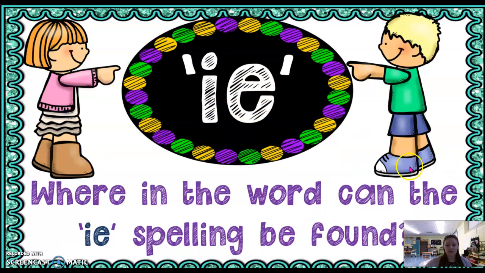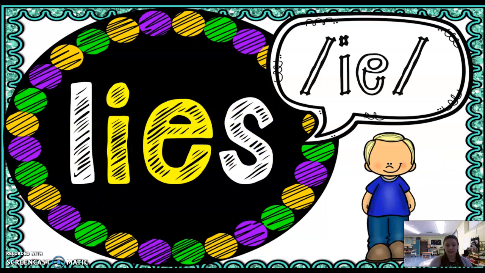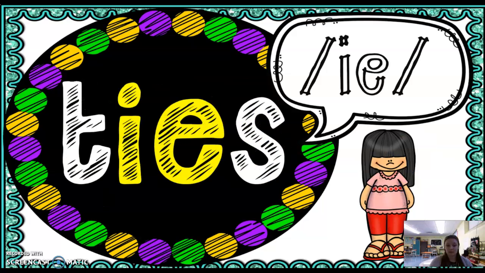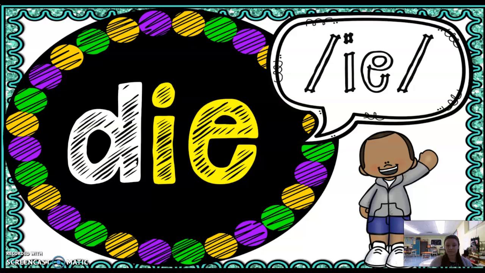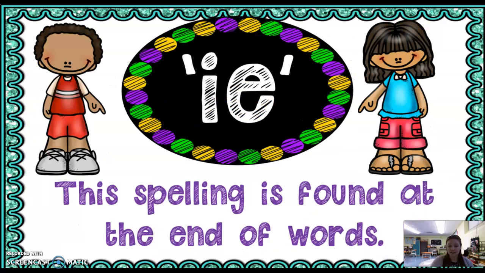Where in the word is the IE spelling found in all of these words? I'll go back a couple slides. Where do you notice the IE spelling is in most of these words? Other than that S at the end, it looks like the spelling IE for the I sound is found at the end of a word.